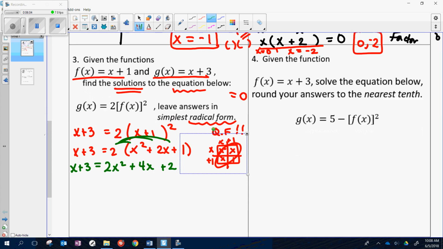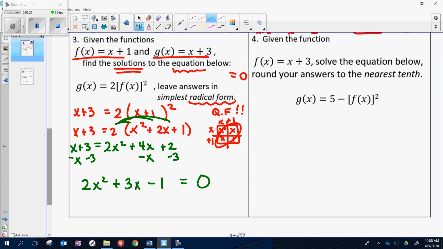And then if you notice, you want to keep your x squared positive. So you're going to bring everything to the right-hand side. So subtract 3, and I combined like terms this way. So 2x squared plus 3x minus 1 equals 0. You could try factoring that or the quadratic formula.